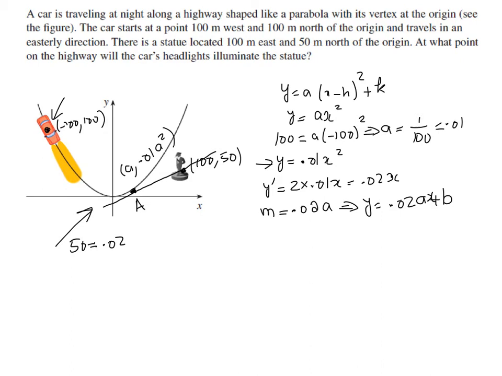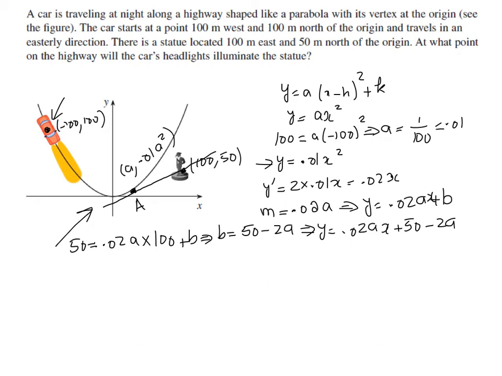So it's going to be 0.02a times x, where x of this point, the statue, is 100, plus b. So if I simplify this one, I get b is 50 minus 2a. So the equation of the line becomes y is equal to 0.02a x plus 50 minus 2a.